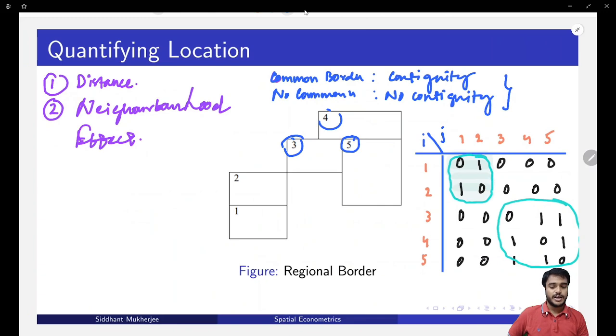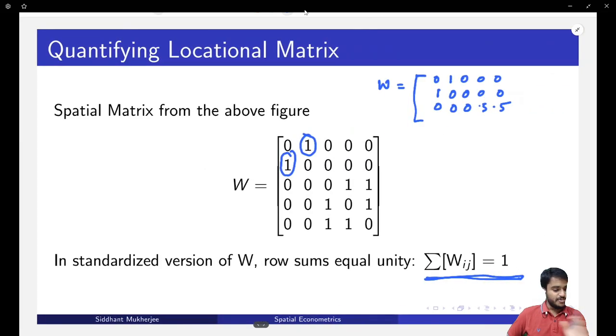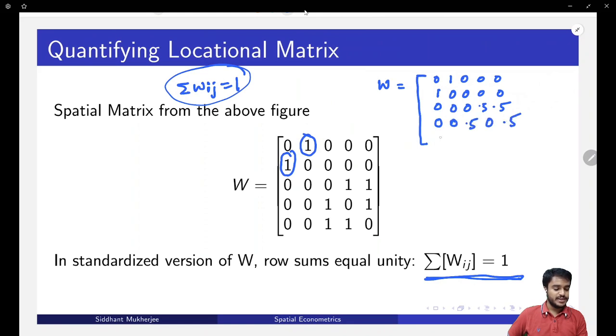In row standardization, the sum of wij must be 1, so for the row standardization we need to do that: 0 0 0.5 0 0.5, and 0 0 0, 0.5, 0.5 and 0.